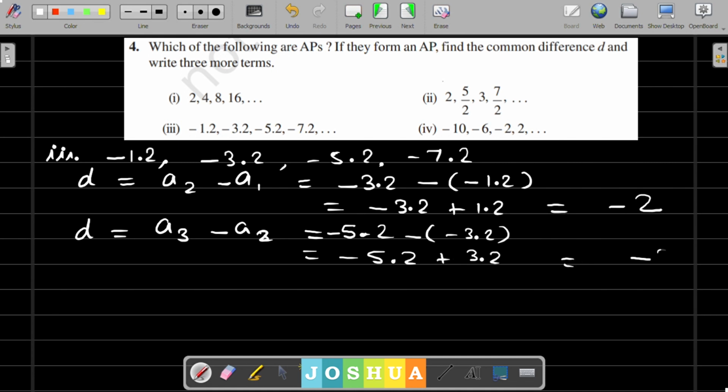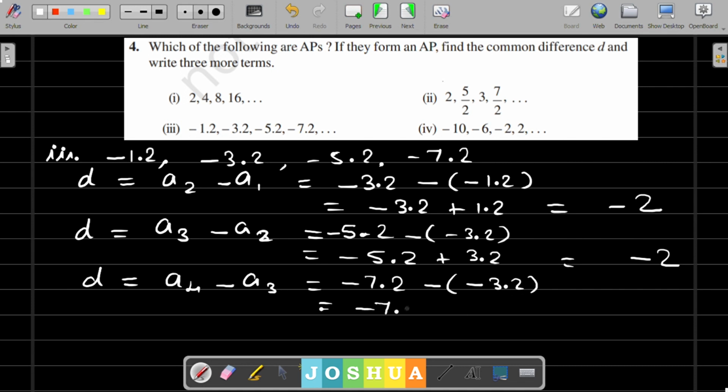Again, the difference is minus 2. Now I'm coming to the difference between the fourth term and the third term. The fourth term minus the third term. The fourth term in this case is minus 7 by 2, minus the third term which is minus 5 by 2. So therefore it becomes minus 7 by 2 plus 5 by 2. Again the difference is minus 2.